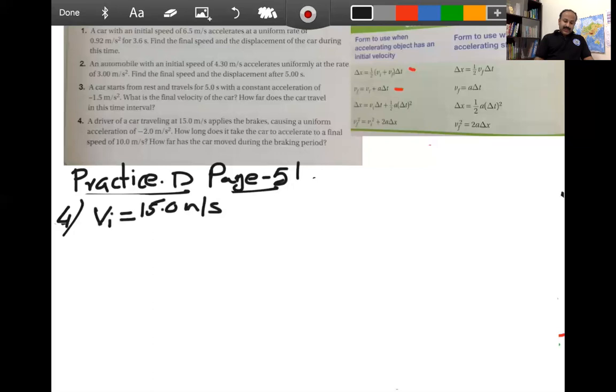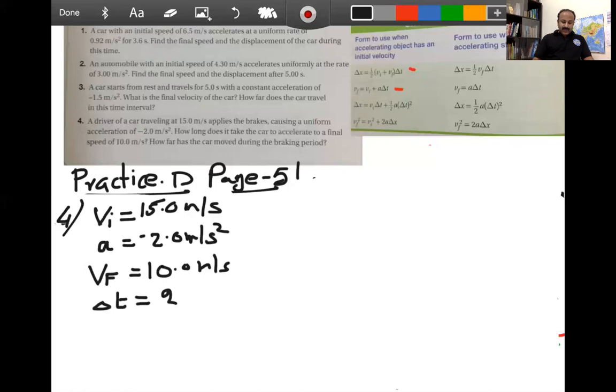Applies brake, with a uniform acceleration of minus 2.0 meter per second square. So the acceleration is minus 2 meter per second square. How long does it take to reach a final speed of 10 meter per second? So your Vf is 10.0 meter per second. How long? You are looking for delta t. Also, you are looking for delta x.